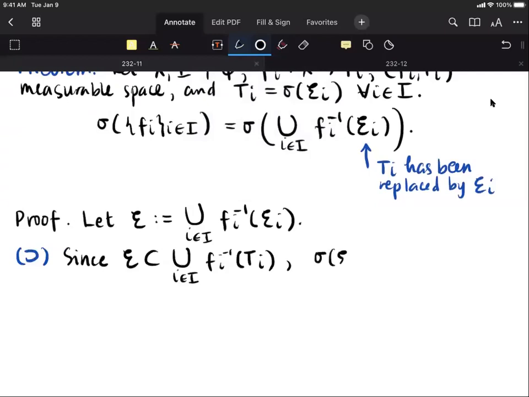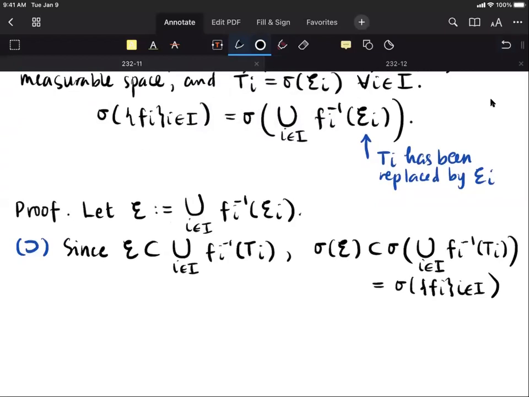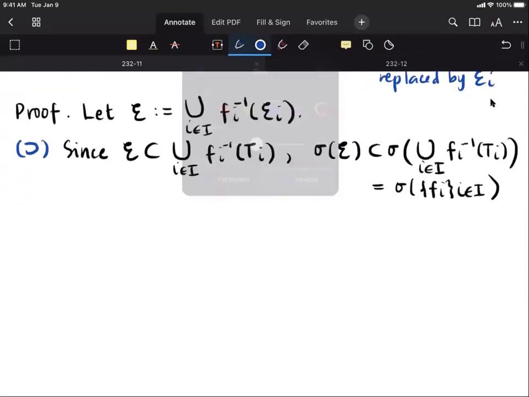So the sigma algebra of E must also be contained in the sigma algebra of the right-hand side. However, by definition, the right-hand side is the initial sigma algebra generated by the collection of f sub I's. So this implies that this is a subset of that. So that's one inclusion.